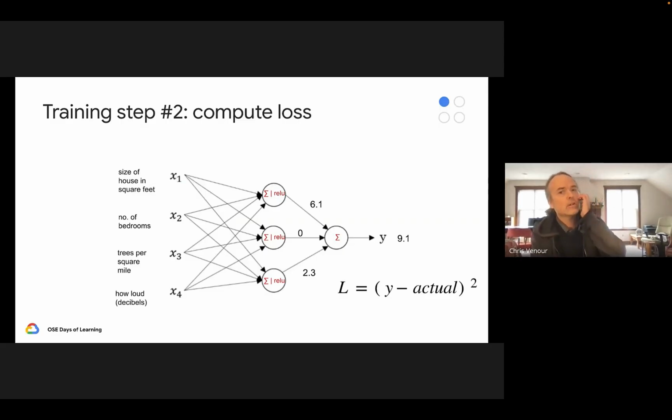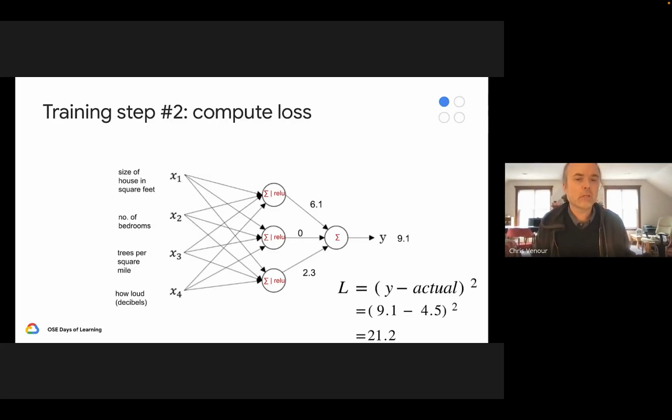This loss function looks at the difference between y, which was the neural network's prediction, and the actual price of the house, and it squares that difference. In this case, the prediction was 9.1, but the actual price of the house was 4.5 in hundreds of thousands of dollars. And so in this case, the loss is 21.2.